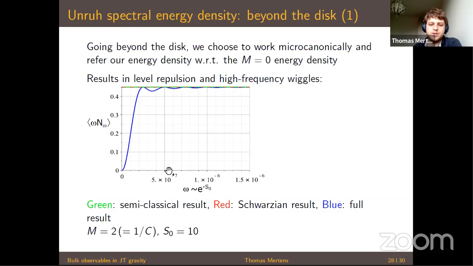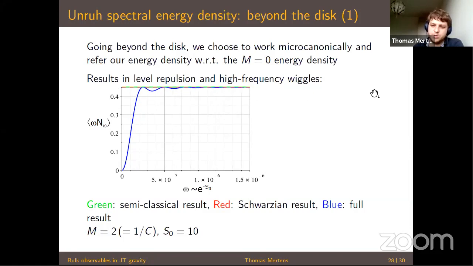So this is again the energy occupation number as a function of omega. If you go to very small omegas, of the order of the level spacing, which is e to the minus S0, that's what this blue curve is, you see these very high frequency wiggles and this quadratic level repulsion. The green and red curves are not super interesting here; they are the semi-classical and the disk or Schwarzschild result, and you can see that they agree here.